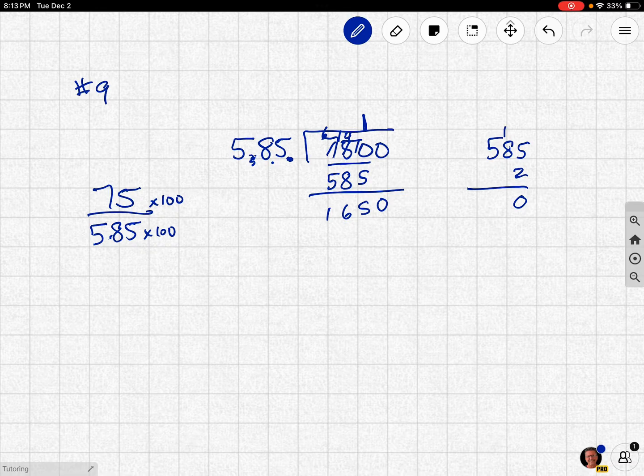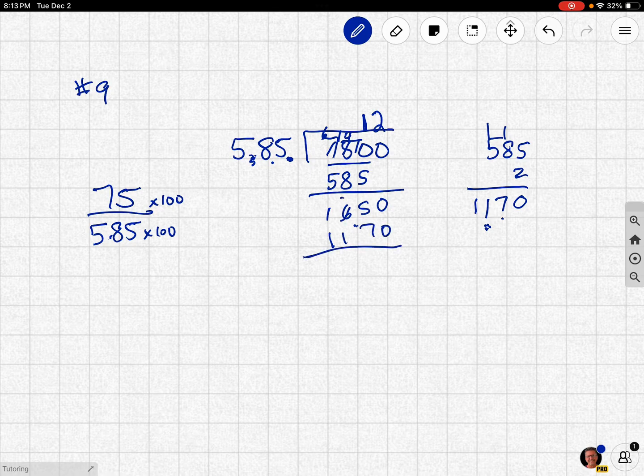5 times 2 is 10. 8 times 2 is 16 plus 1 is 17. 5 times 2 is 10 plus 1 is 11. Is that close enough? Can I fit another 585 in there? Well, if I put 500 added on to the 1100, that's 1600. 1670, there's no way I can fit another 585 into there. So I know it goes in 2 times, which is 1170.